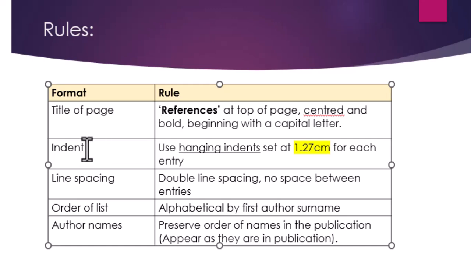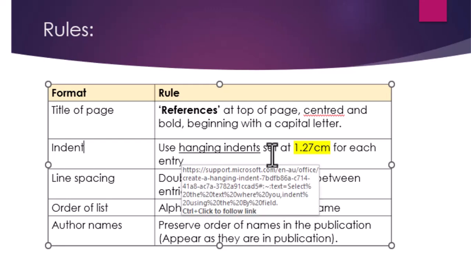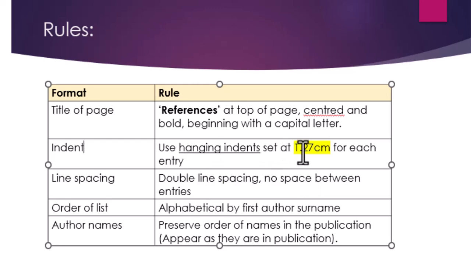Considering the indentation, the rule is to use a hanging indent set at 1.27 centimeters for each entry. So for each entry you should use a hanging indent, and that hanging indent for the purpose of APA7 should be set at 1.27 centimeters.